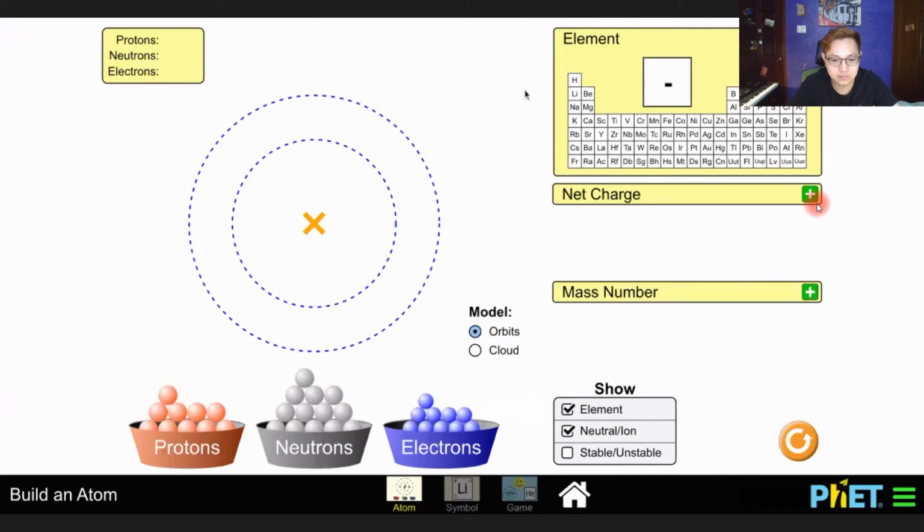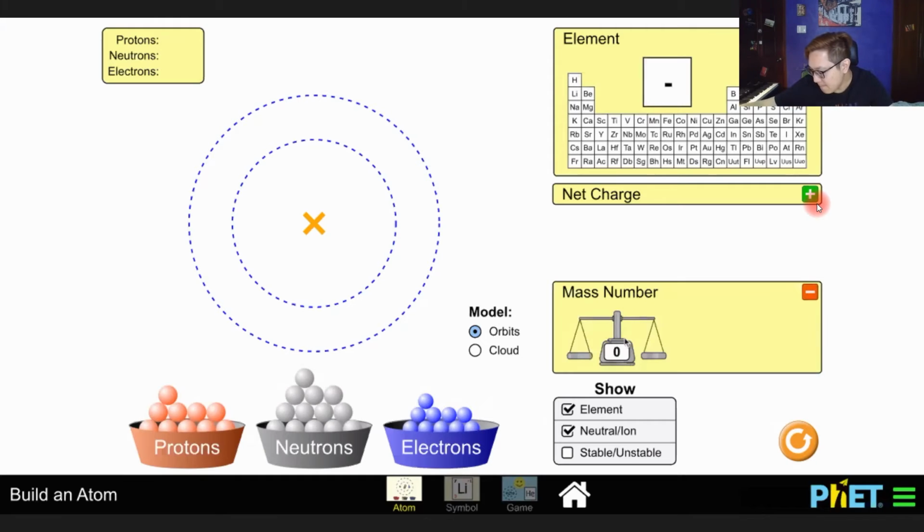So this is like building an atom. There are several models you can choose from. Proton, neutron.